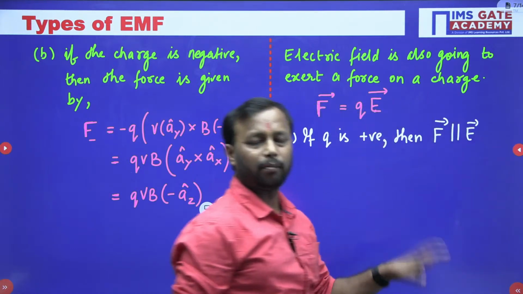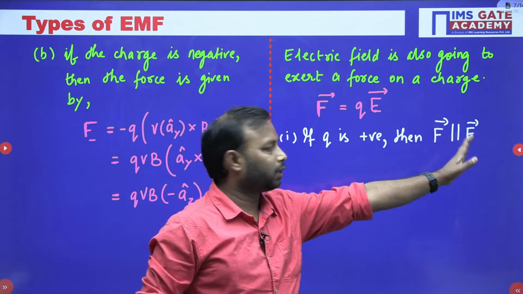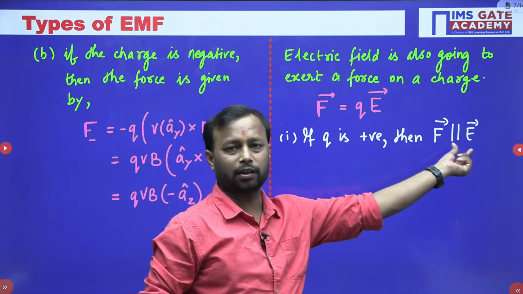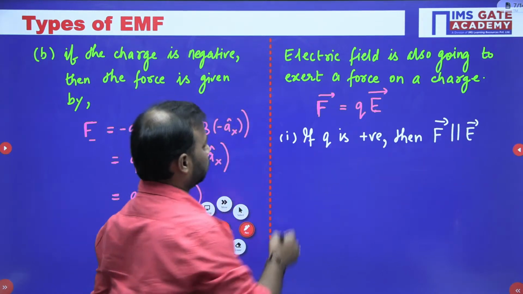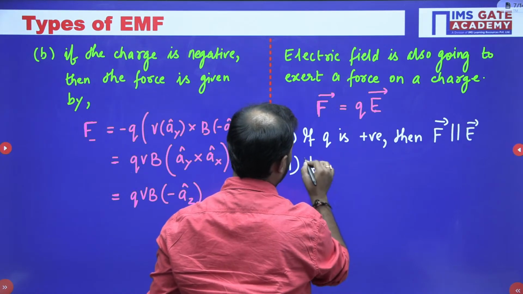Means the force acts in the same direction as the electric field. ठीक है, दोनों की डायरेक्शन क्या होगी? सेम होगी if Q is positive. Okay. Next, what if Q is negative? Means if the charge is negative.